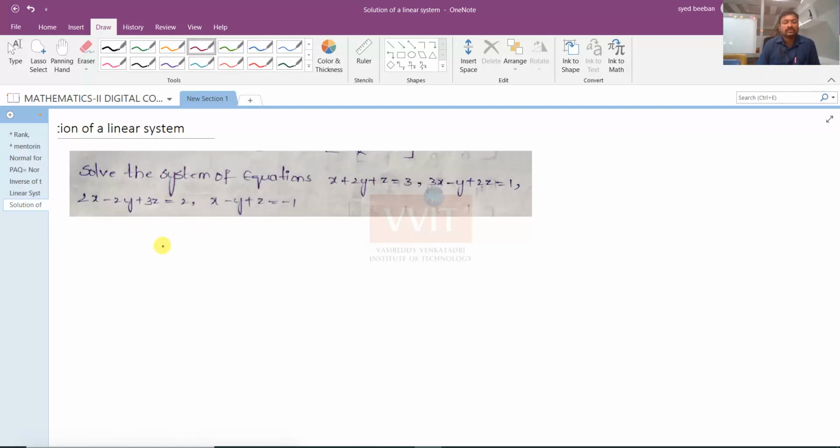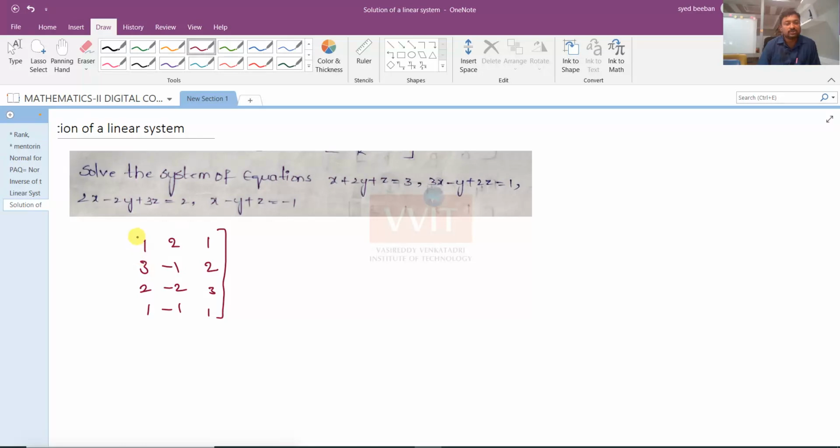The coefficient matrix A is: first equation 1, 2, 1; second equation 3, minus 1, 2; third equation 2, minus 2, 3; fourth equation 1, minus 1, 1.